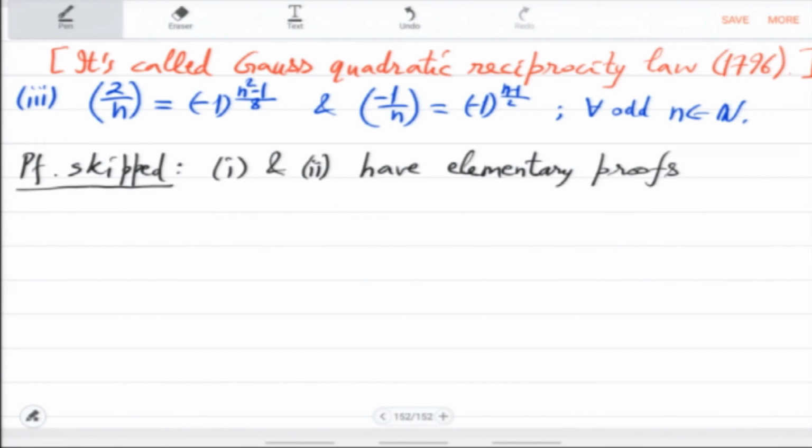In fact, all of them have elementary proofs, which you can find in textbooks. Especially this second property, the reciprocity law, has more than 200 proofs known.